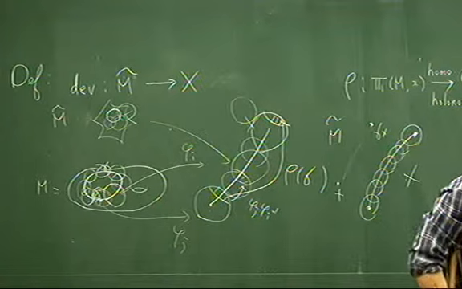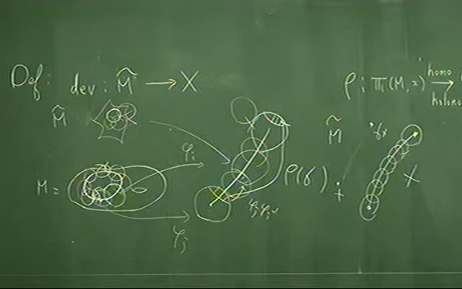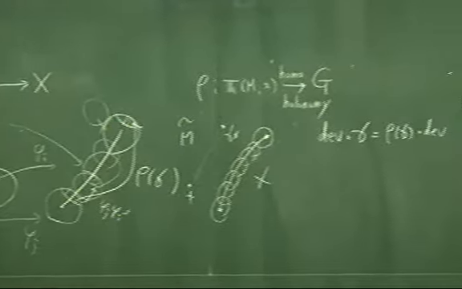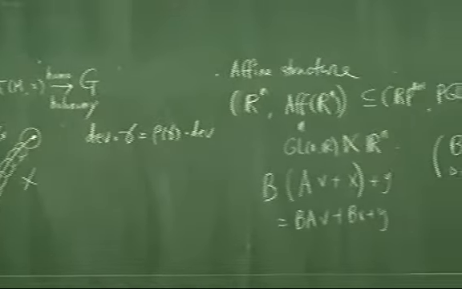But a complete affine structure means the developed image is the whole Rn, the geometric model modded out by some discrete group gamma. So that's the definition of completeness.